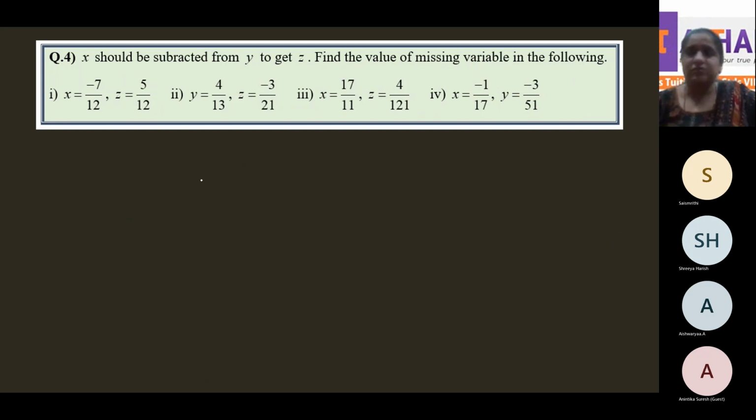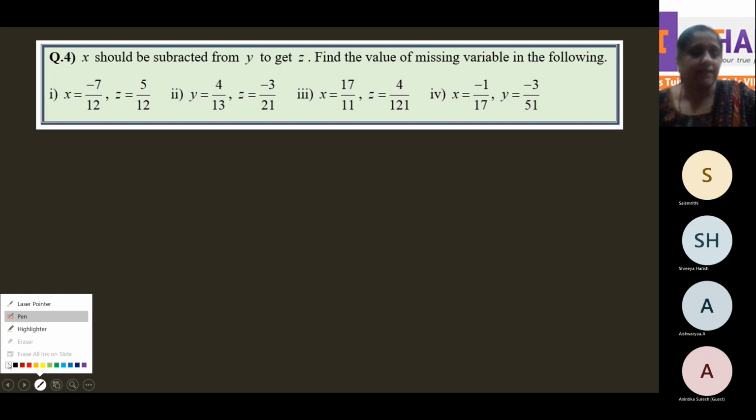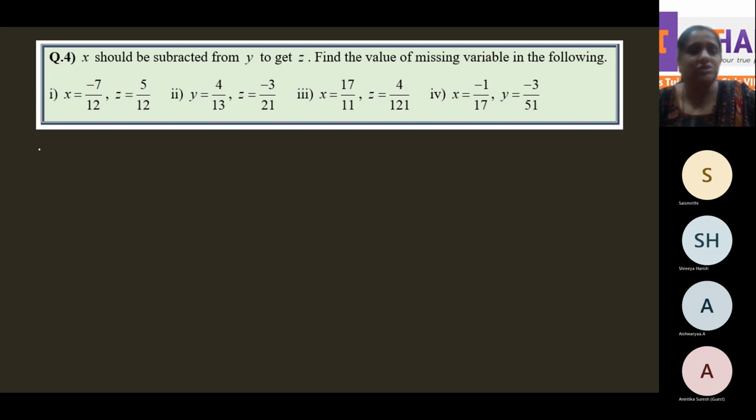Now here I'll just give you the equation. Try the third one. X should be subtracted from Y to get Z. Help me construct the equation, children. The third one, but first, let's construct the equation.